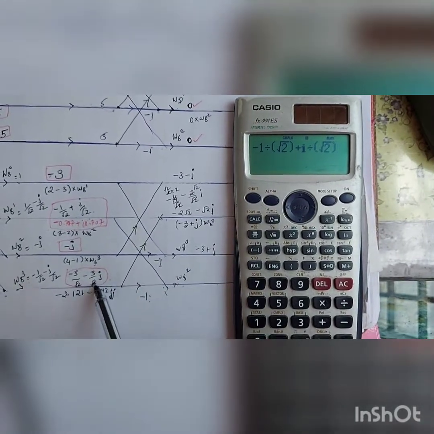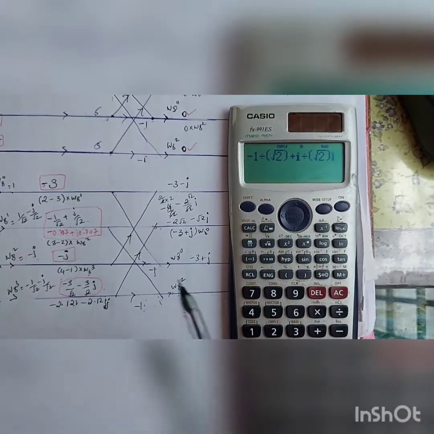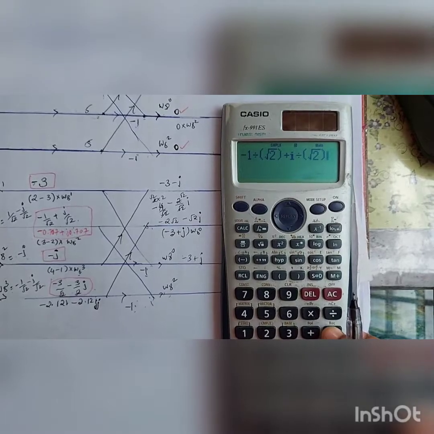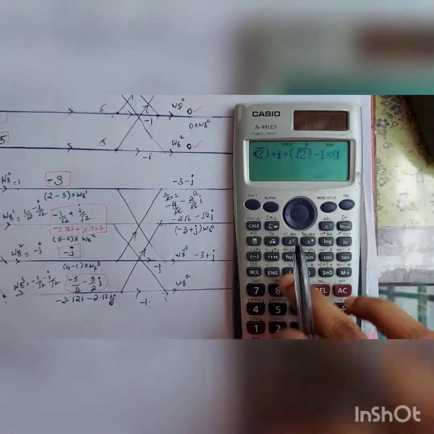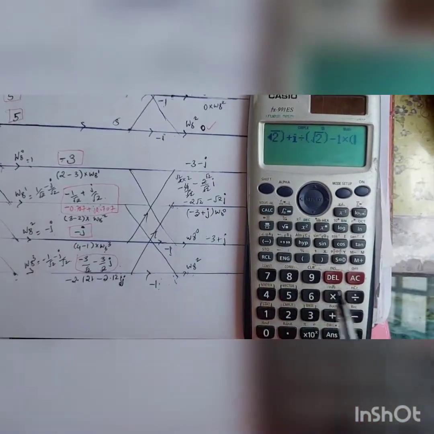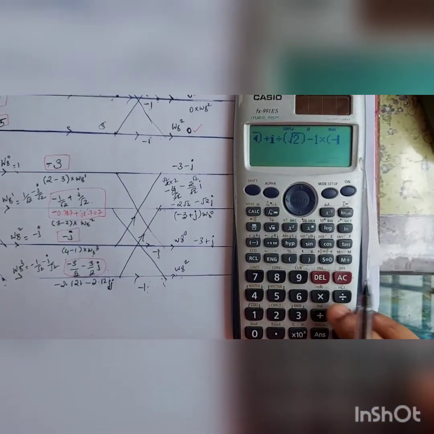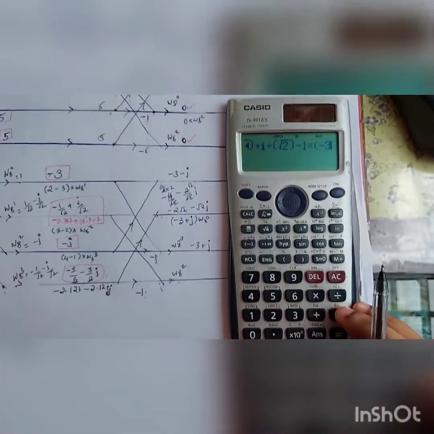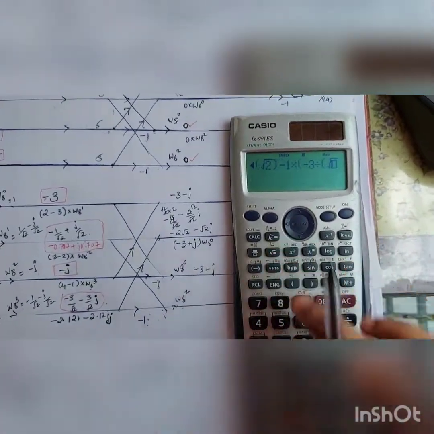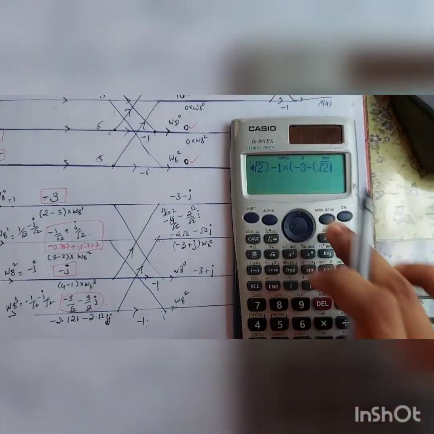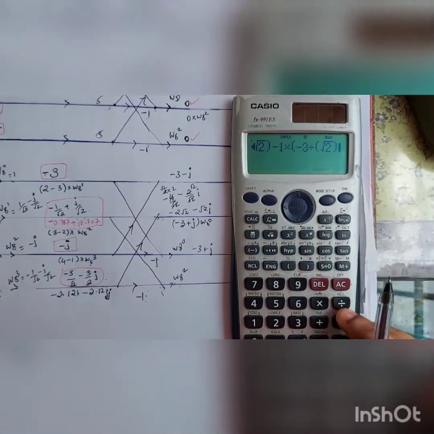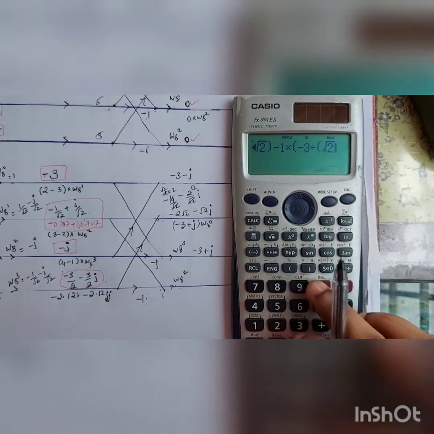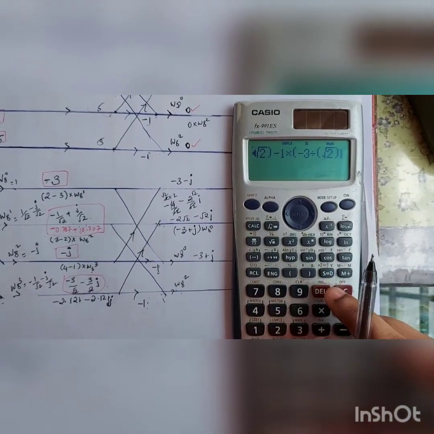This thing plus this into minus 1. So I'll take minus 1 into whatever is in this, that is minus 3 divided by root 2, in a small bracket.